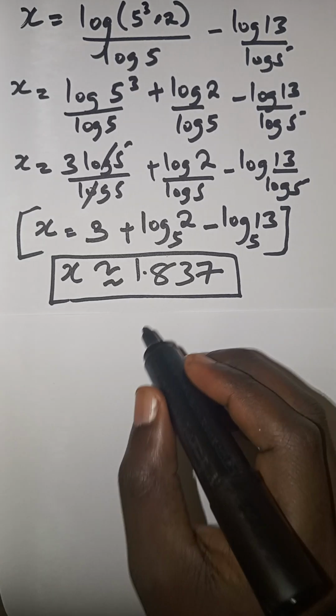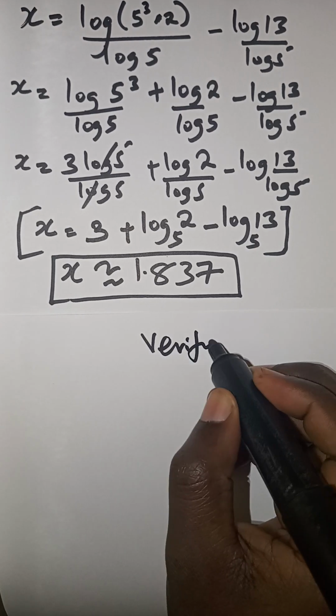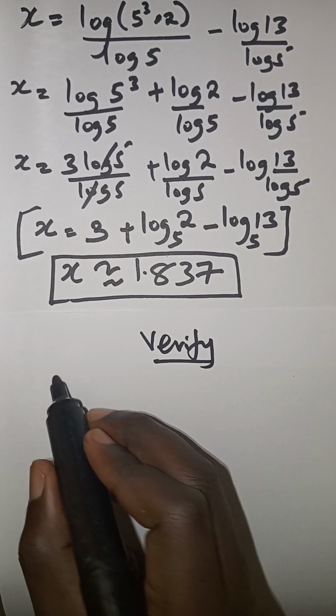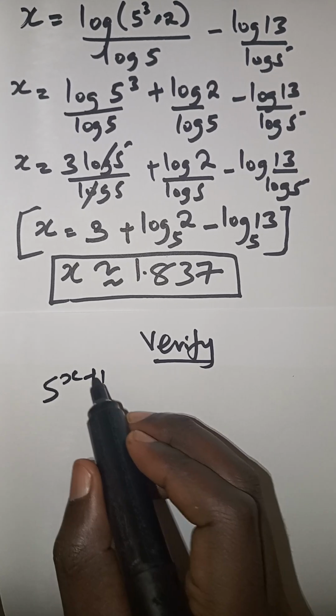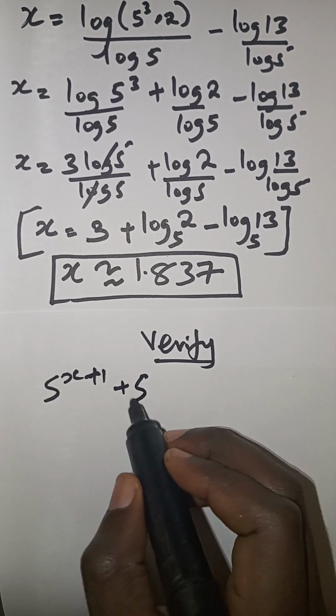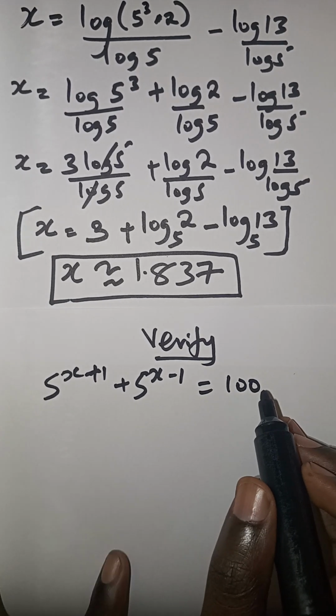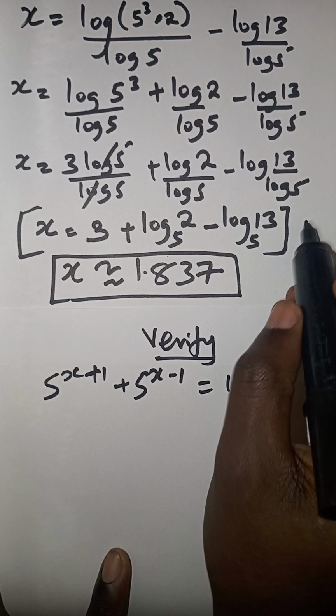So you can go ahead and verify the value of x. I know that 5 raised to x plus 1 plus 5 raised to x minus 1 is equals to 100. So wherever we have x, we're going to substitute this.